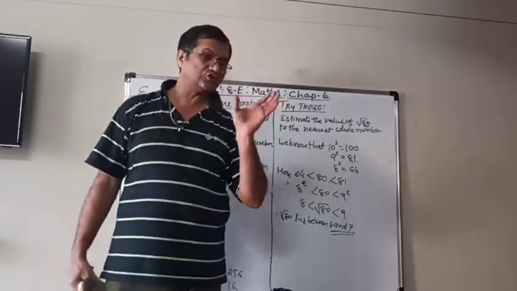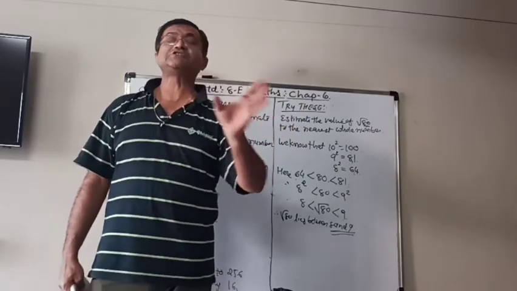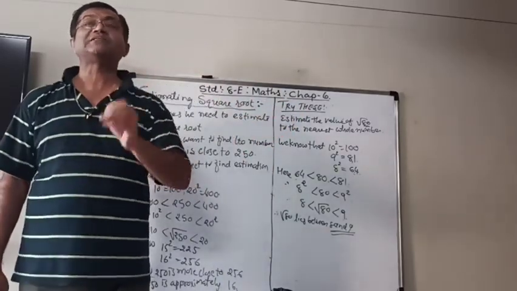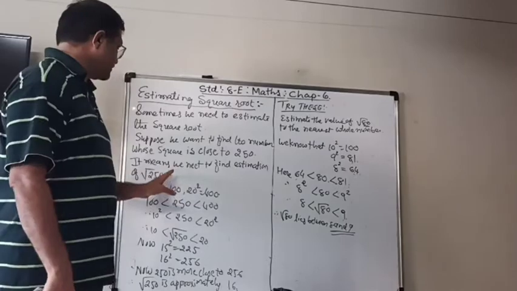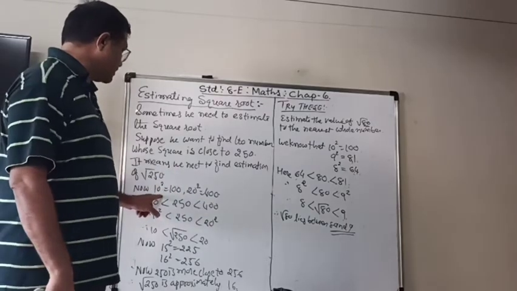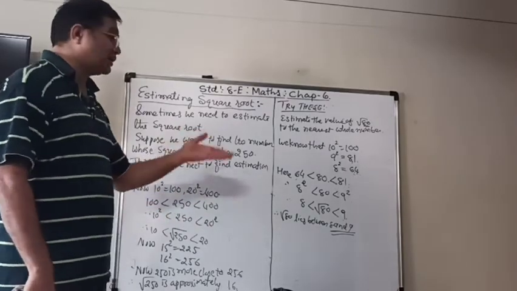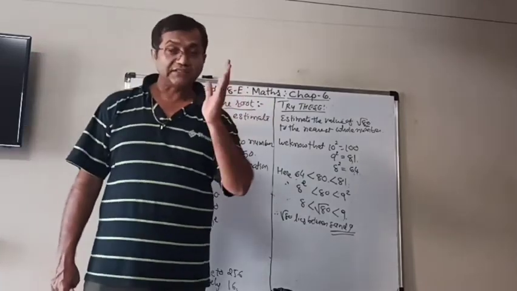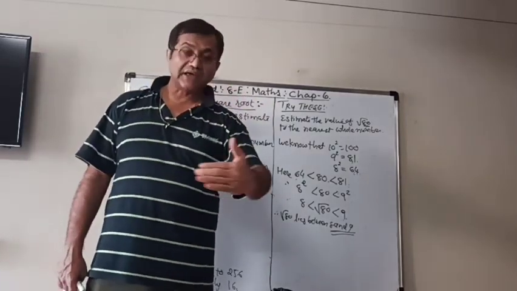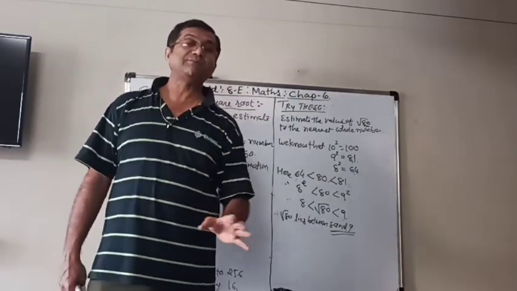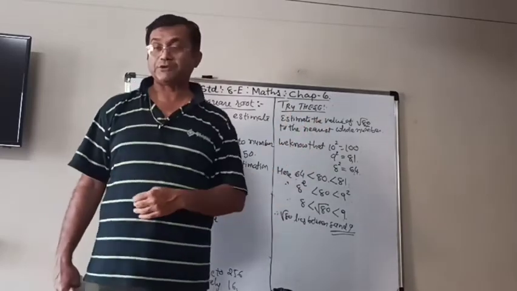Just like this, you have to check between which two perfect square numbers they are lying. If it is a big number, then you can go like that: the numbers with the 0, 10 and 20, 20 and 30, 30 and 40, and then go between them. And then find the approximate value of the square root.